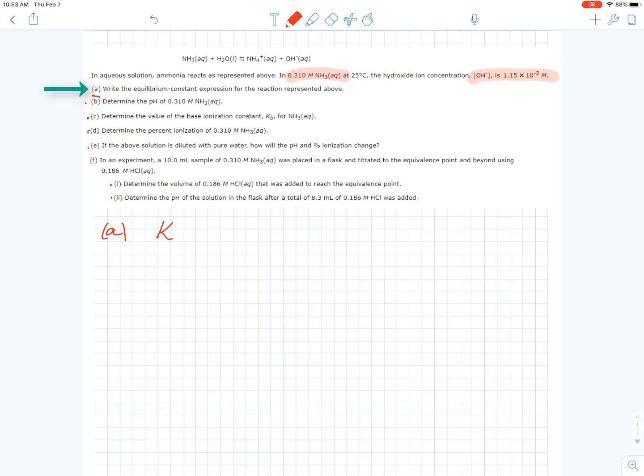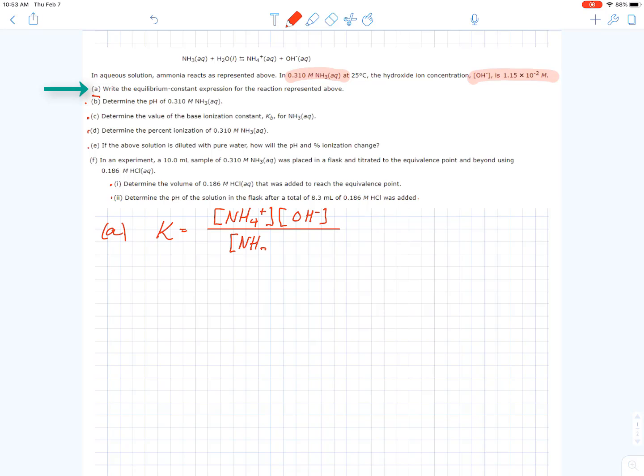So just put that K down. That equilibrium constant expression is going to be equal to the products. And we know the products here for A. I'd always put down the letter where I'm going to answer things. And that's going to be the ammonium ion, the products, that little plus charge, in brackets to indicate molar concentration.